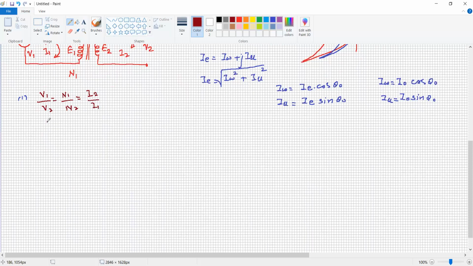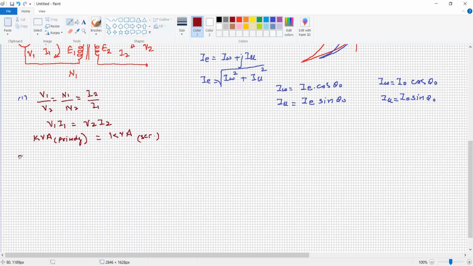And from this, V1 I1 is equal to V2 I2, or the KVA of the primary winding is equal to the KVA of the secondary winding. This is an important point.